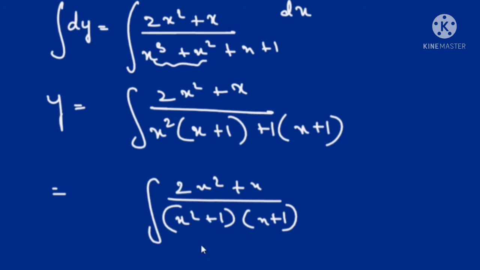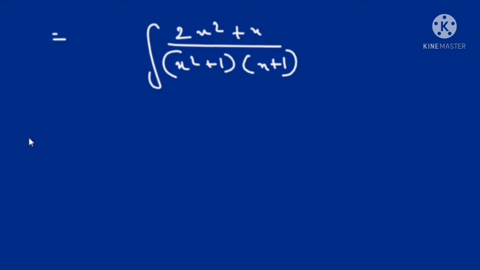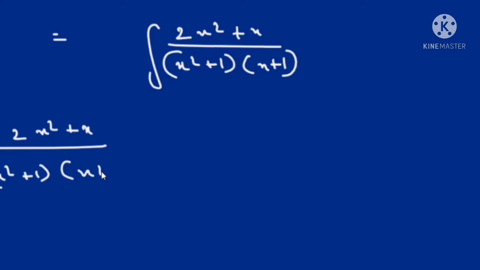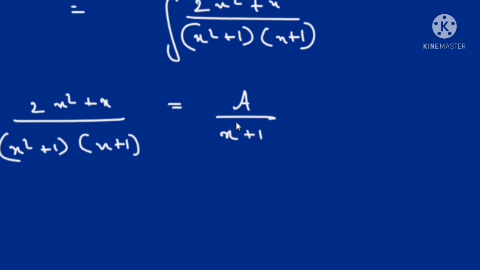There are two factors here. How do you integrate this? You remember, by partial fraction method. Now one factor is a linear factor, so we can write a by x plus 1. When there is a linear factor, the numerator should be a constant.